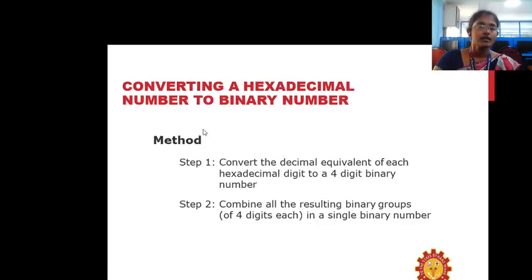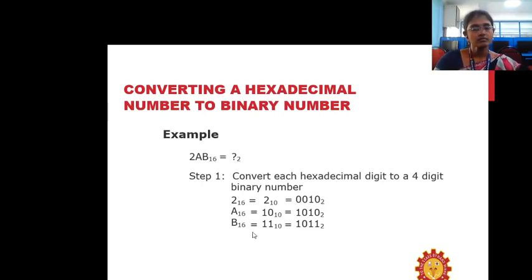Then next is converting a hexadecimal number into a binary number. It is just the reverse of the previous example, converting a number with base 16 into base 2. See here, the given example is 2AB. For each and every symbol we have to represent it using the 8421 pattern, that is also 4 bits, since the input is hexadecimal.